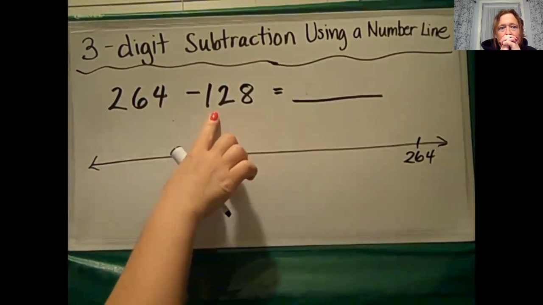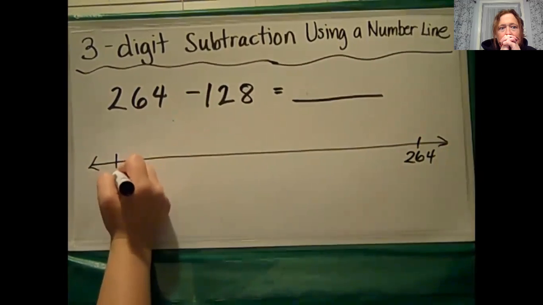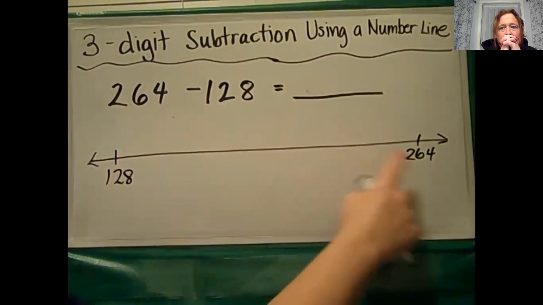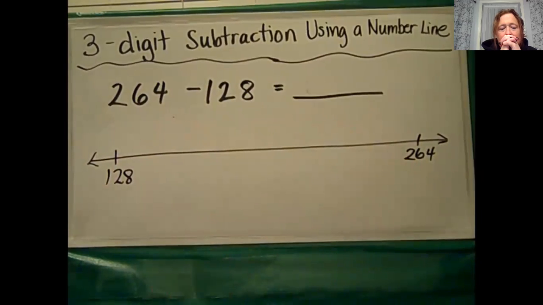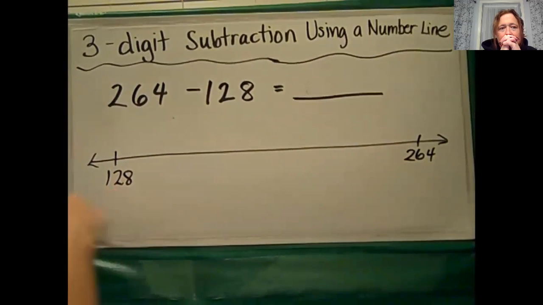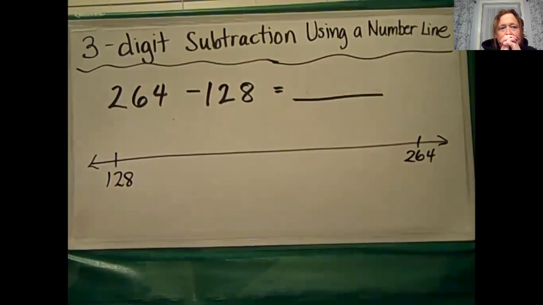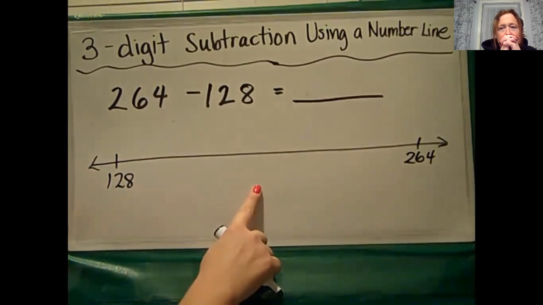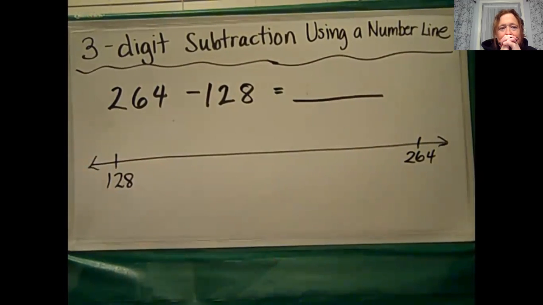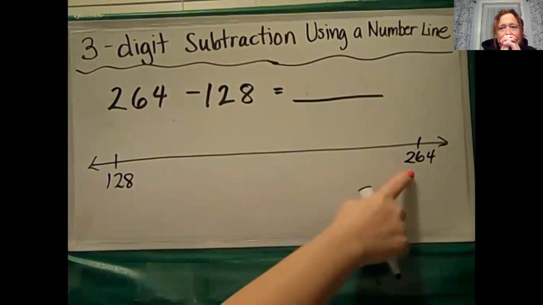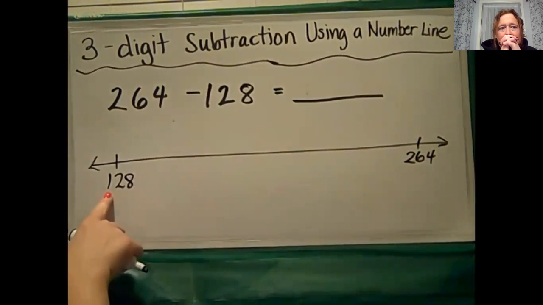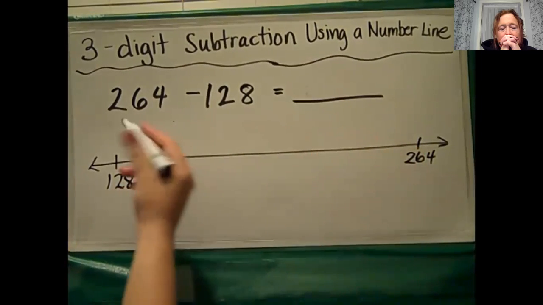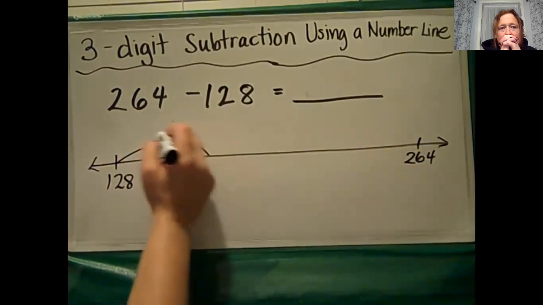I'm going to start at the addend that I know, at 128. And I'm going to hop forward until I can get to 264. So if I have 128 and I hop 100, that'll get me to 228. So I think I can only hop 100, otherwise I'll go over. If I hop 200, I would get to 328, which is too much.